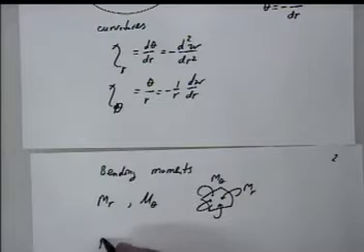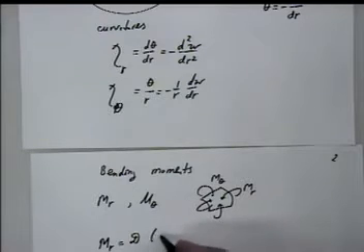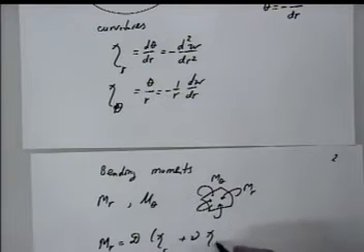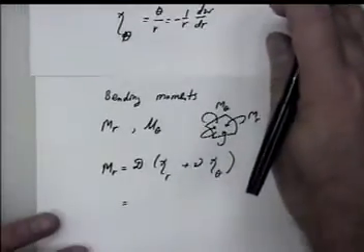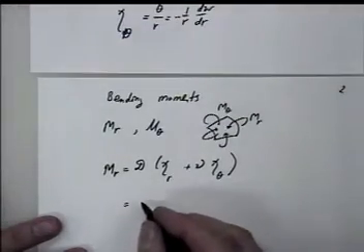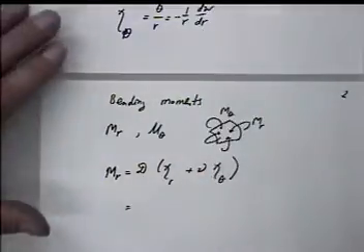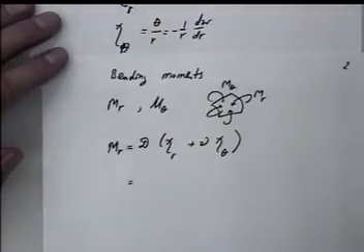Now mr equals D, D is a flexural rigidity, D times kappa r plus Poisson's ratio kappa theta. And this equals then D, but kappa r is negative, kappa theta is a negative quantity.